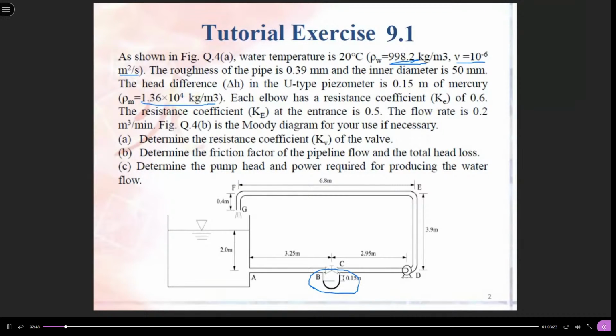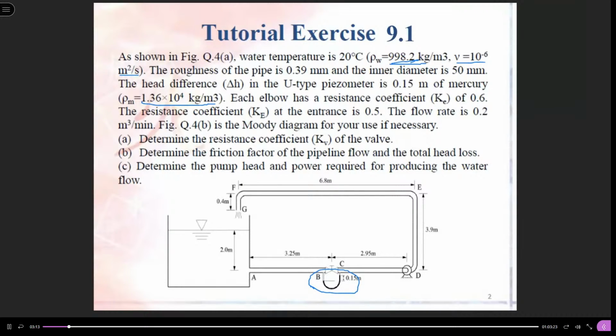Each elbow has a resistance coefficient of 0.6. The resistance coefficient at the entrance is 0.5, and the flow rate is 0.2 cubic meter per minute. There are 3 questions.